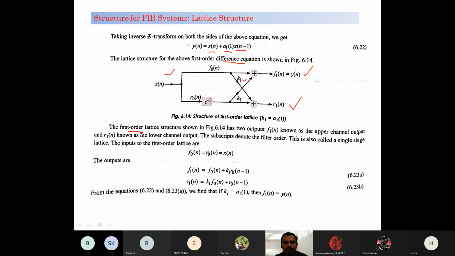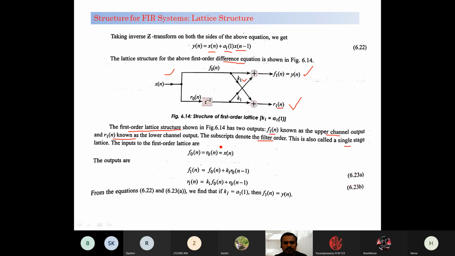The first order lattice structure, as shown, has two outputs, f1(n) and r1(n). f1(n) is known as the upper channel output, and r1(n) is known as the lower channel output. The subscripts denote the filter orders. This is called the single stage lattice, since it is first order.